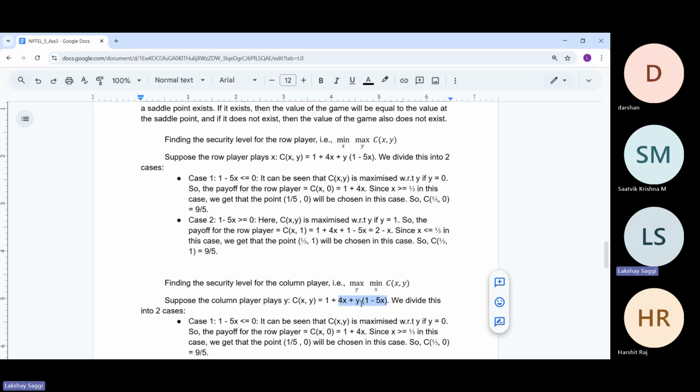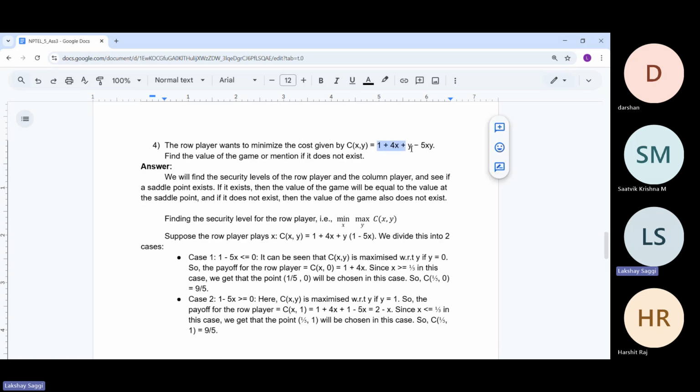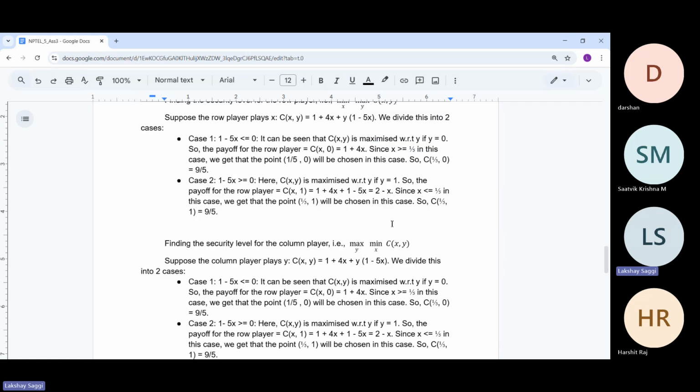This was the original expression given to us, 1 plus 4x plus y minus 5xy. So I'll write it as 1 plus y, plus x times 4 minus 5y. This is also the same expression. This time I've just taken out the x as common.